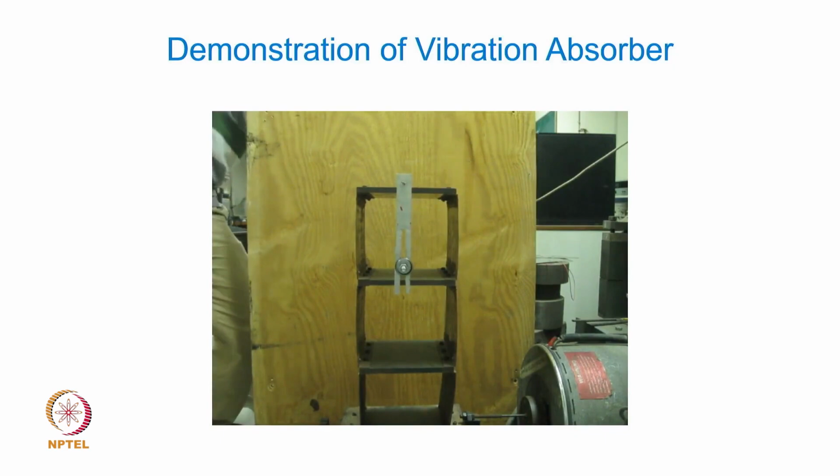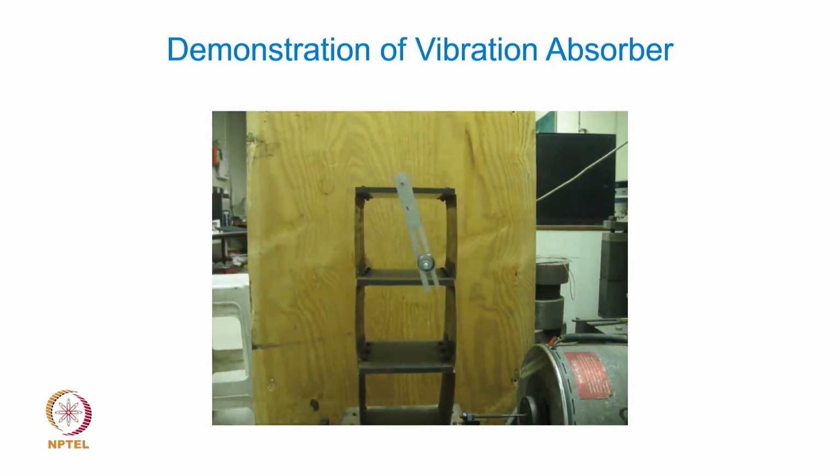The slot helps you to tune the position of the mass, or fix the position of the mass and tune the frequency close to the resonant frequency. It will be shown that by removing this absorber, the entire building vibrates at its first natural frequency, and then the moment you put this absorber, or an auxiliary system, the amplitude is actually brought to 0.